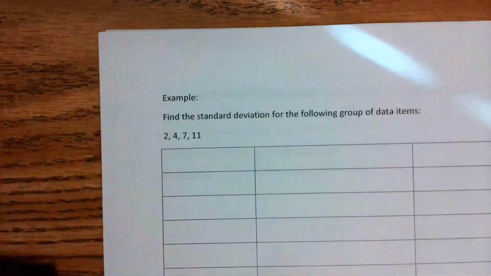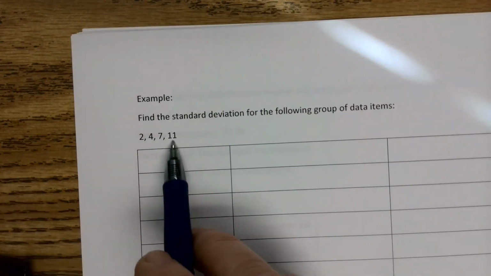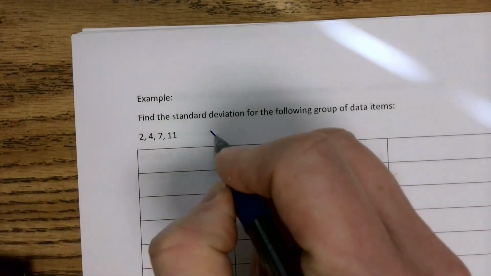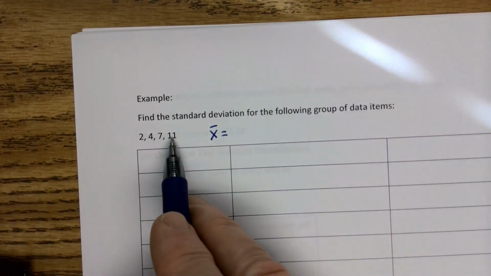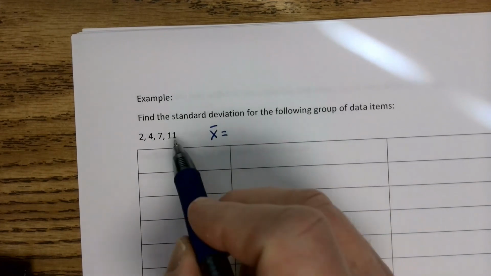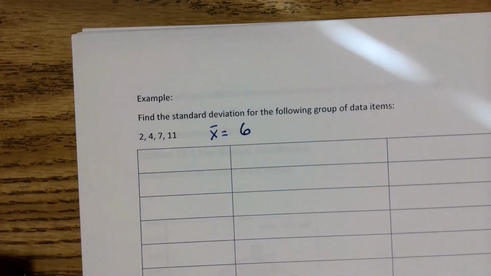Okay, so let's do it one more time. Standard deviation. 4 numbers. What's the mean? 6, 13, 24, divide by 4 is 6. Did you get that? Okay. So the mean is 6.